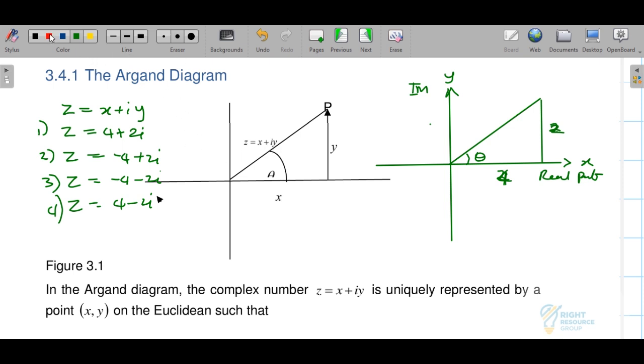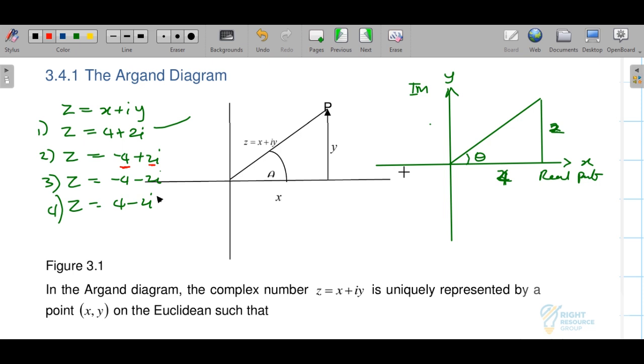I'm going to be using different colors to represent it. This is the first one that we did. Let me use red now for the next one, which is minus 4 plus 2i. This is the value of X and this is the value of Y. Let's check which of these X is negative.